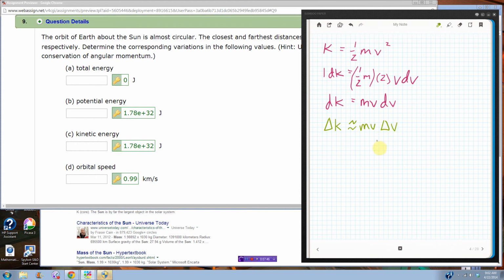I'm doing this because I want to know the variation of orbital speed, that's v. This is basically what I want right here, delta v. So delta v is approximately the change in kinetic energy over mv, where v is like the average velocity of the orbit.